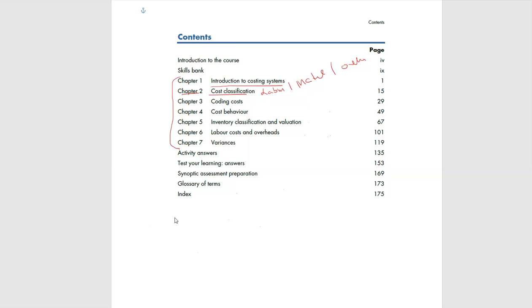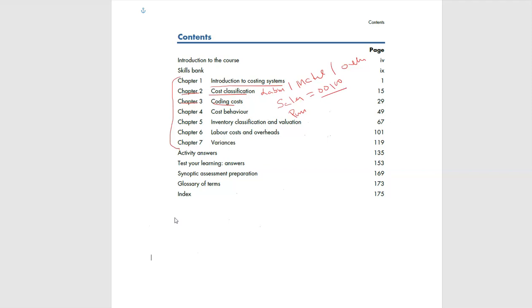Then chapter number 3 is coding costs. So how can we actually put the code against the cost? For example, we have sales and we have purchases. Sales is the income, so we're going to put one code, for example 00100.